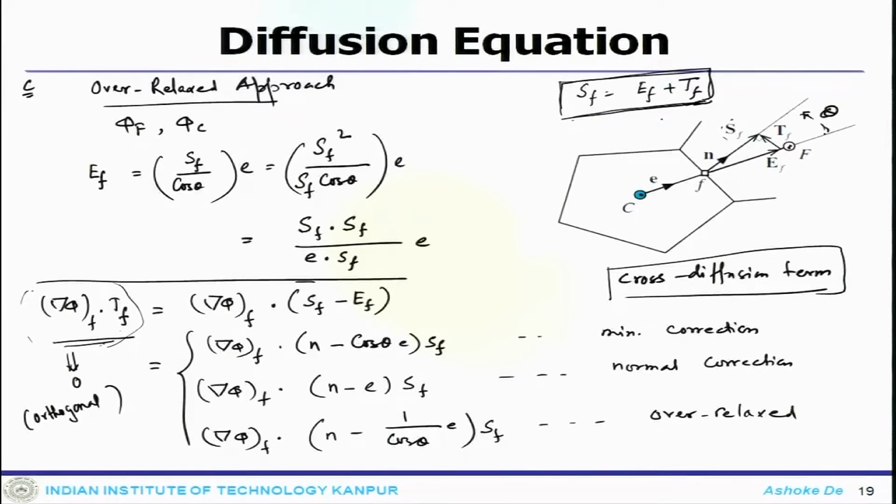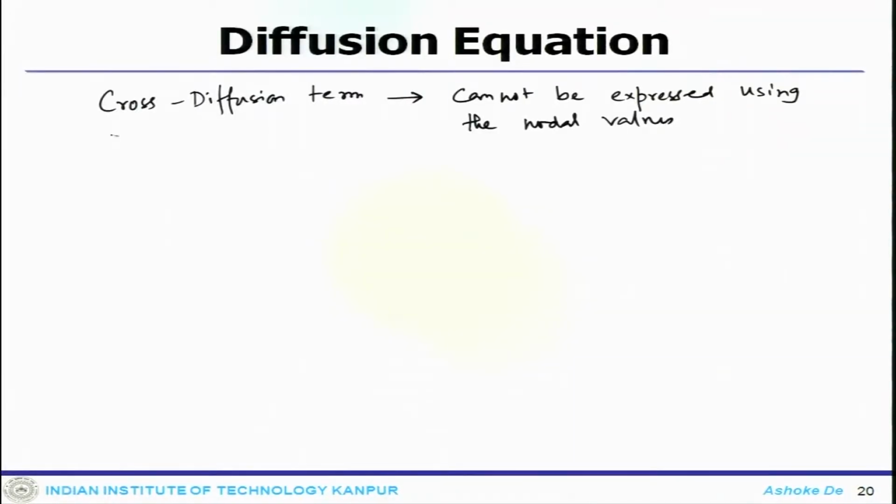So, the point here is that when you calculate this component along E, or the sort of pseudo orthogonal component, you can use the information of these two cells, or these nodal values, and can find out that EF, or delta phi dot EF. But for the cross diffusion term, the problem arises: this cannot be straight away expressed through the nodal values. So, due to this, some kind of corrections approach is required and some sort of calculation is required.